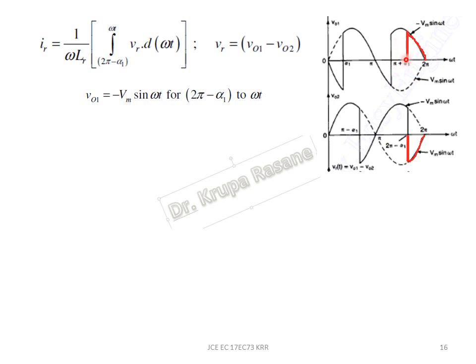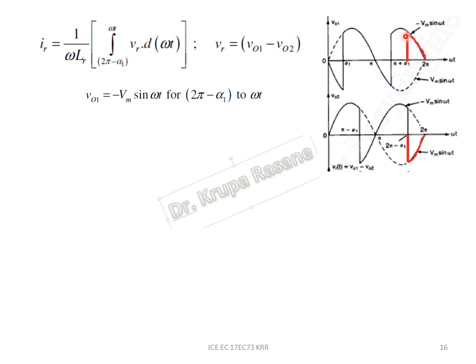So what happens is this will actually be minus Vm sin omega t. So this is minus sin omega t. Similarly for V02, this is again Vm sin omega t, but at that time V02 is having this voltage, negative. So if you see the integration, for V01 from 2 pi minus alpha 1 to 2 pi, this is the period.